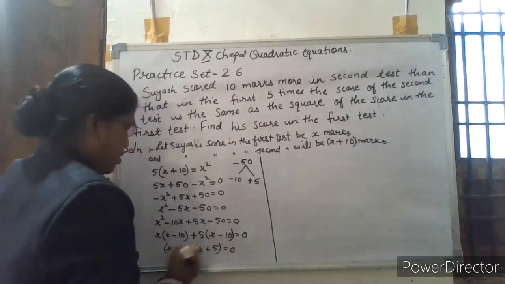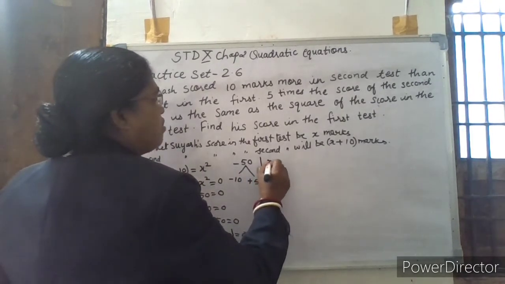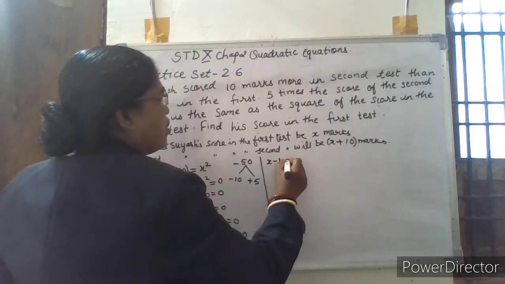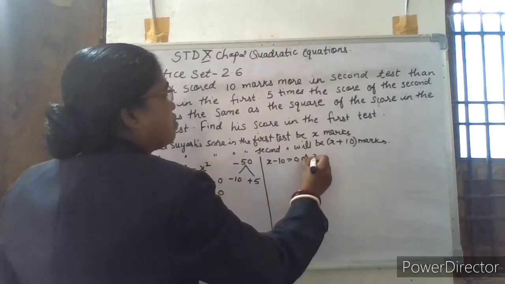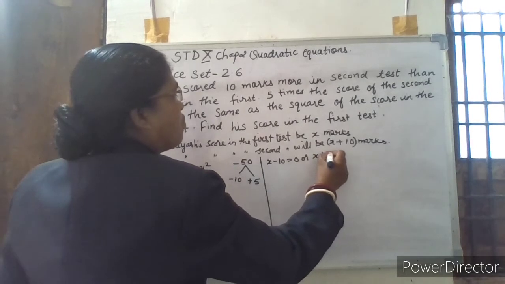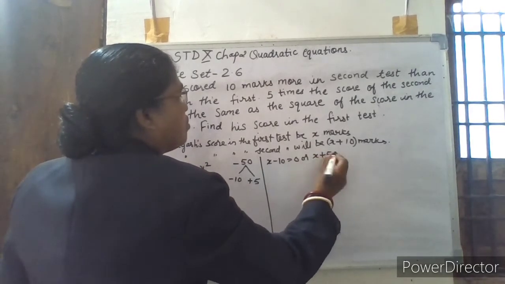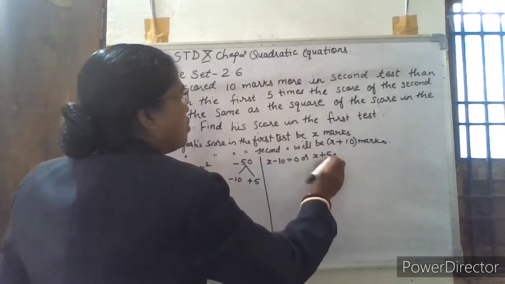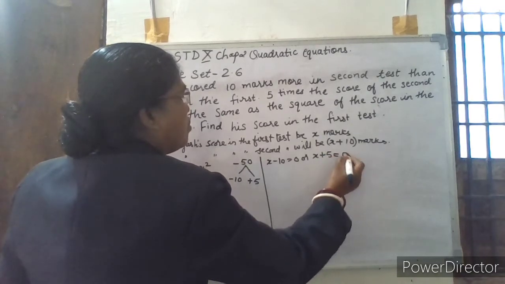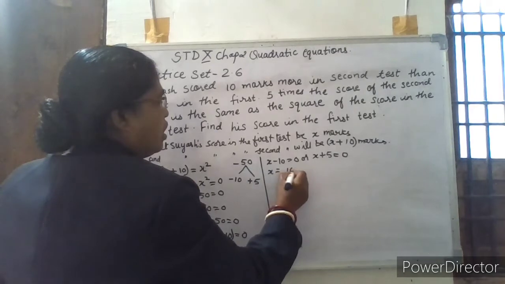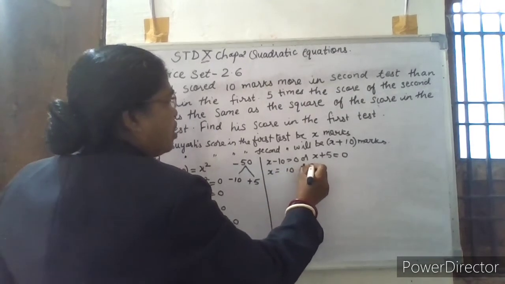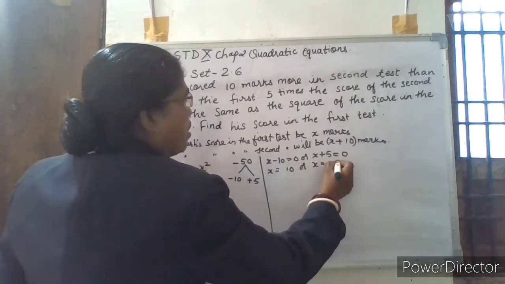Now x minus 10 equal to 0 or x plus 5 equal to 0. Now x is equal to 10 or x is equal to minus 5.